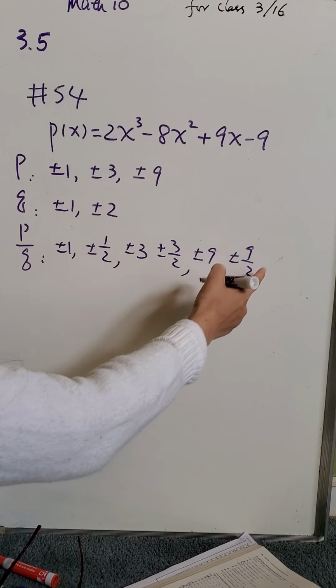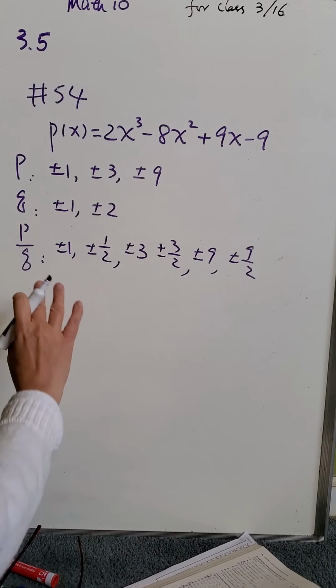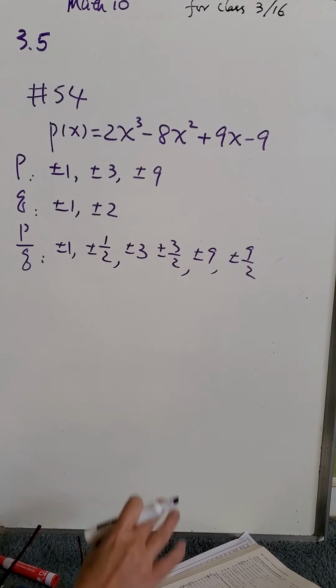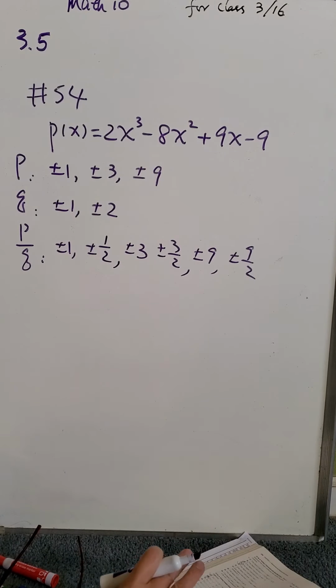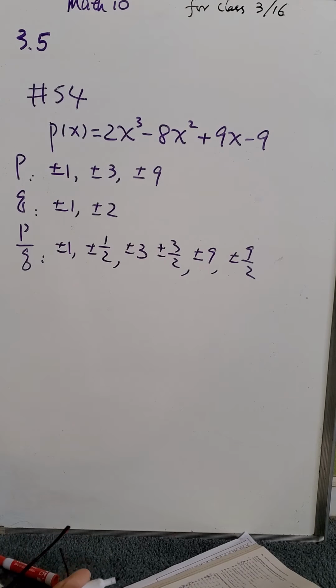So what are these things? These are possible solutions. Possible. They don't include all of them because they don't include anything that is a complex number or irrational number, meaning a number with a square root. So they include some of the numbers here, but we don't know which ones.